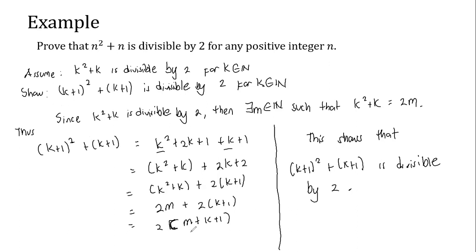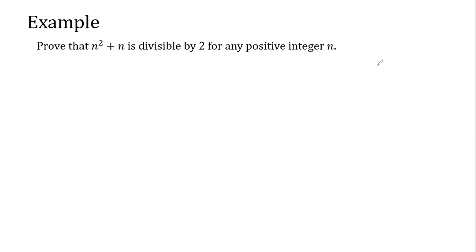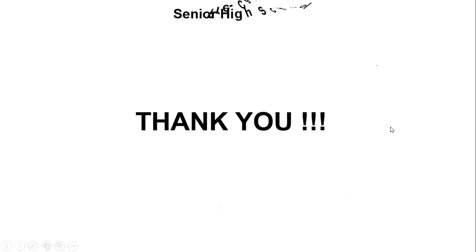Pag dinivide natin sa 2 dyan, wala tayong remainder. Ibig sabihin, kasi ang quotient natin will be m plus k plus 1. Okay? So, kaya natin nakita na divisible siya by 2. Okay? So, I think that's it. Okay, so that's all for mathematical induction.